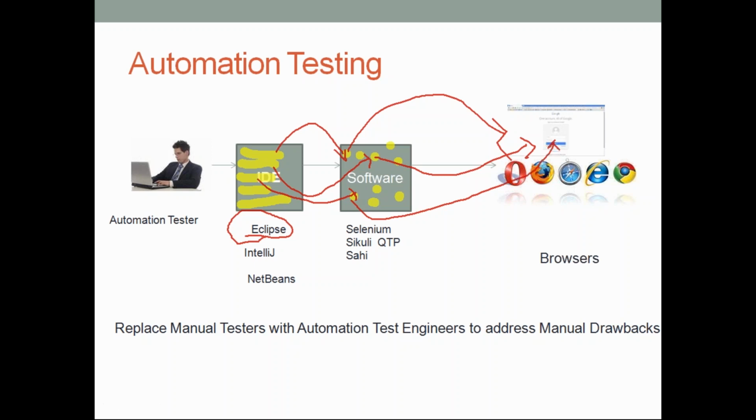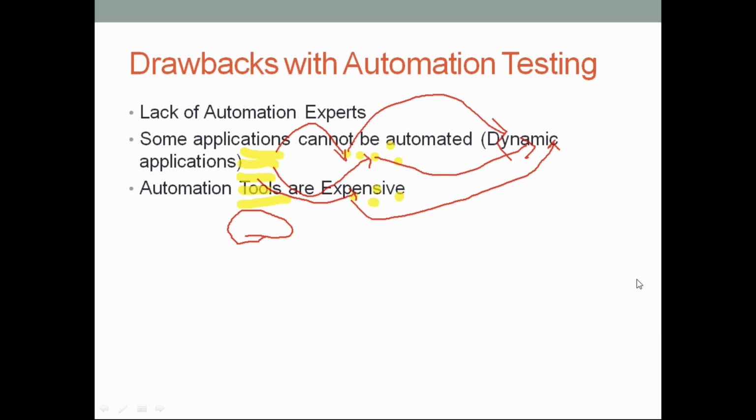Let's say if this software knows Java, then this guy will try to know Java, and then we will try to talk to the software with that particular language, right? So this is the flow of automation testing, right?